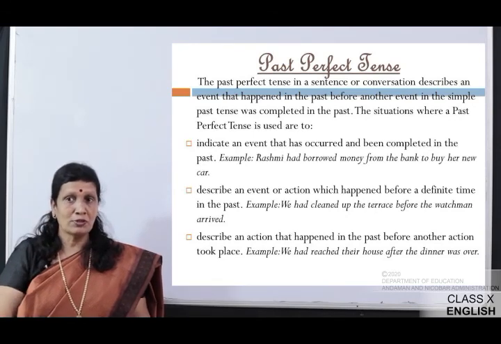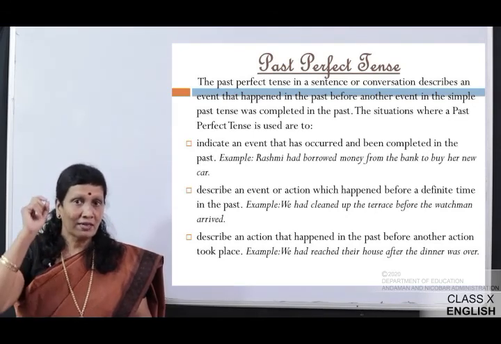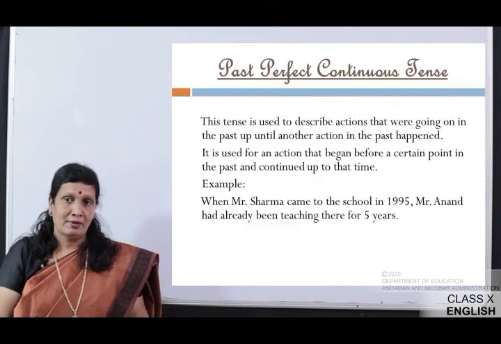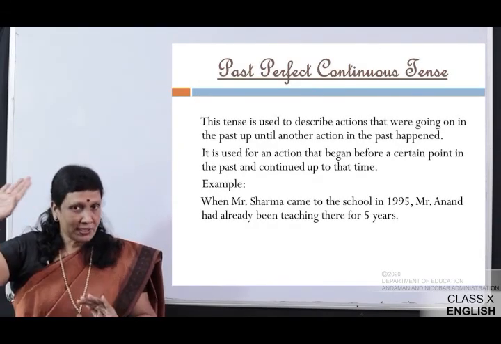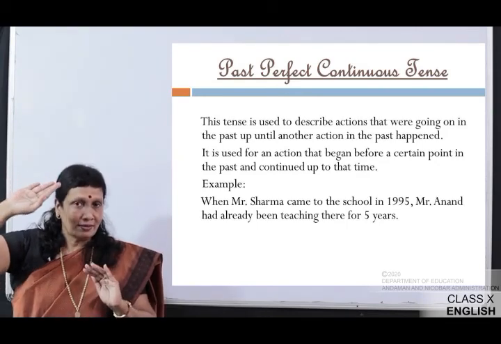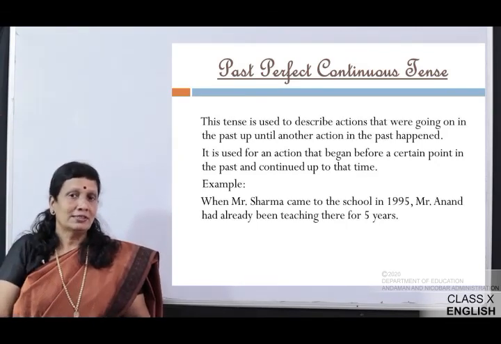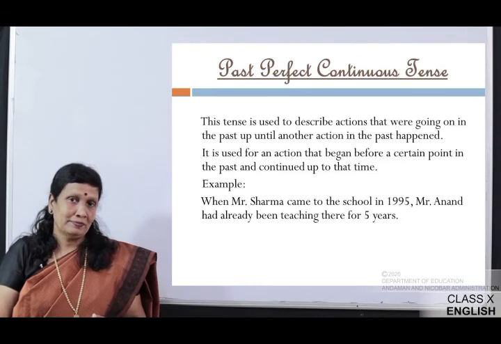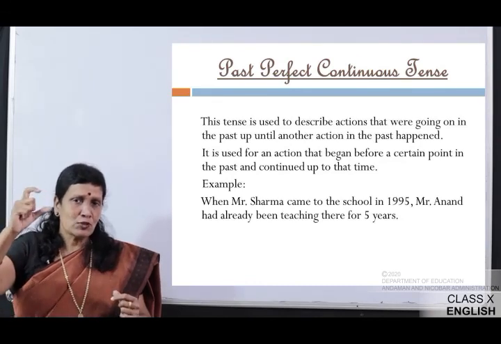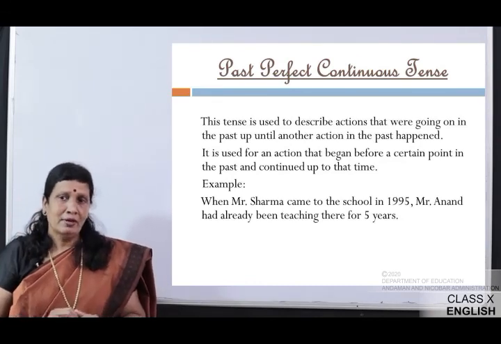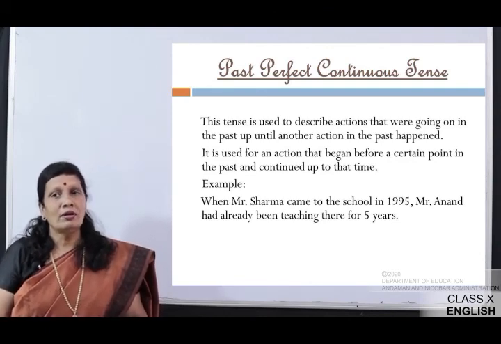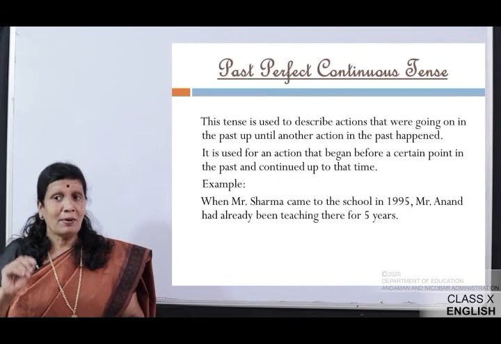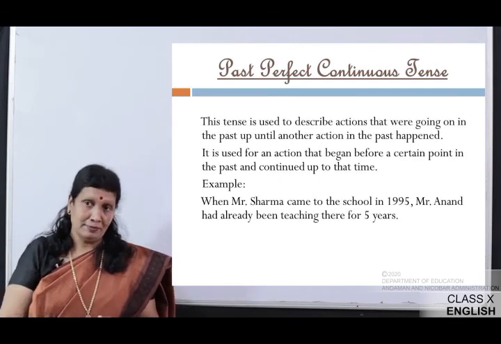Now let's move on to the past perfect continuous tense. Perfect means the action was completed and then still it continued for some time in the past. You need to understand each form very clearly. Now this tense is used to describe actions that were going on in the past up until another action in the past happened.